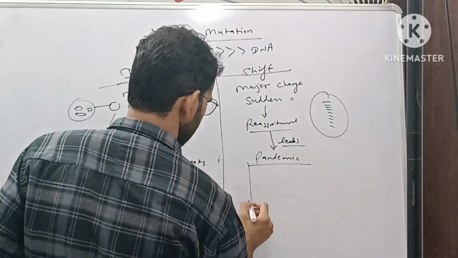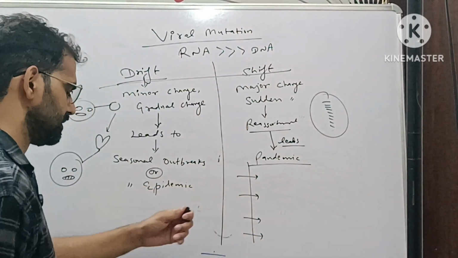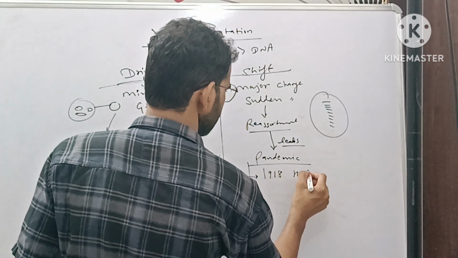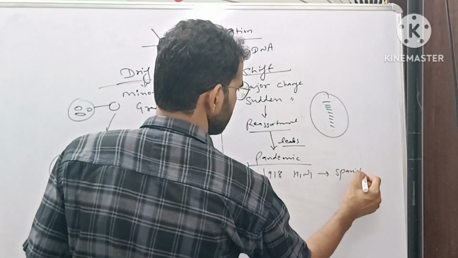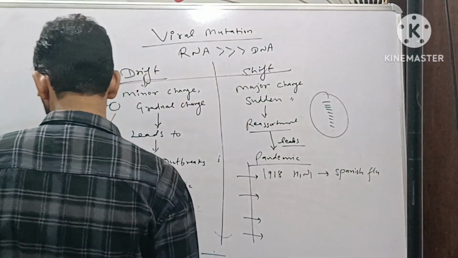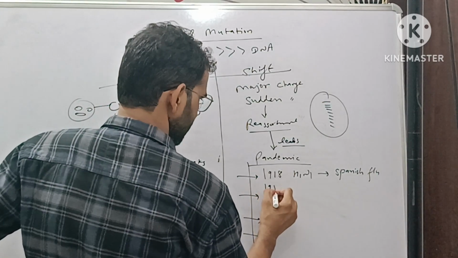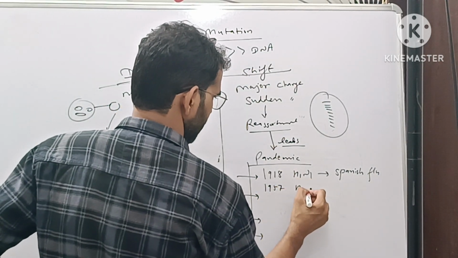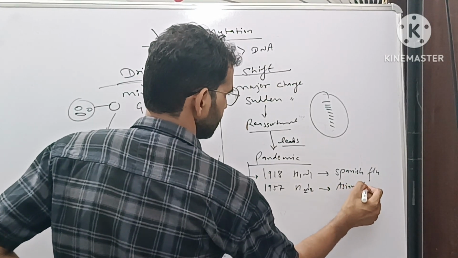What are the examples of influenza pandemics in history? If we start with 1918 H1N1, that was known as Spanish flu. Then 1957, H2N2, that was Asian flu.